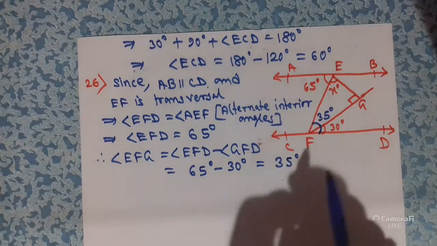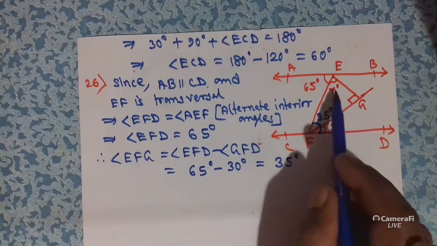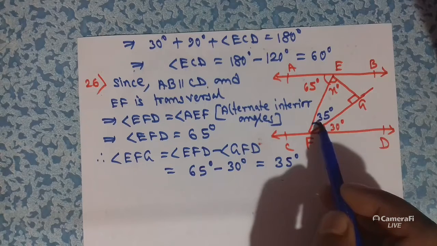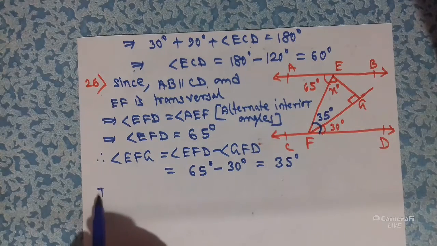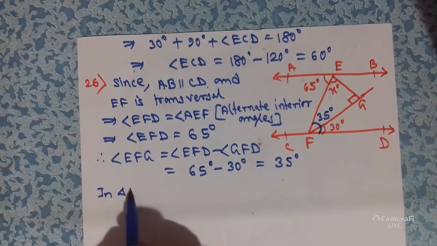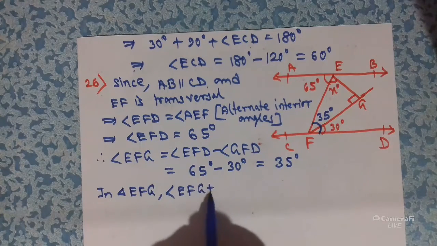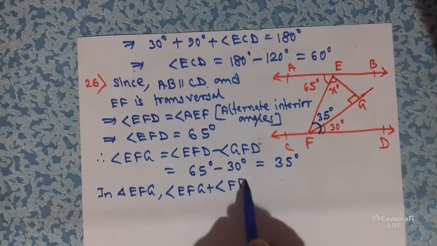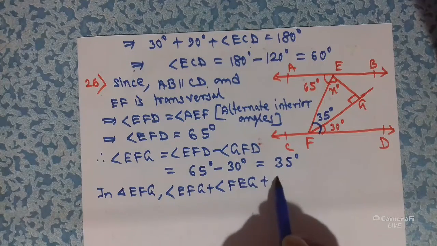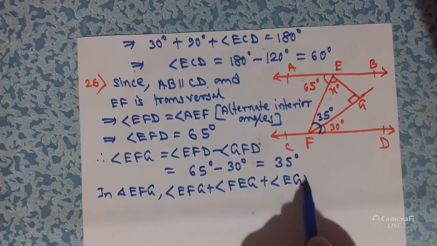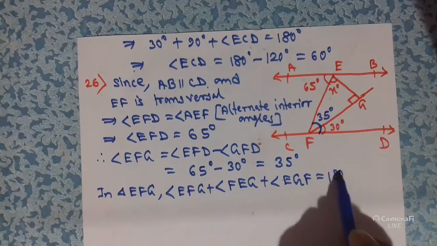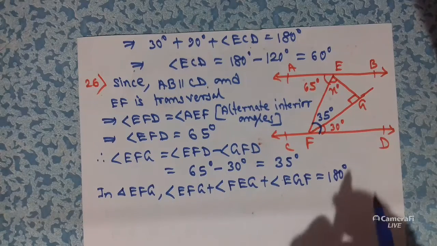Now in triangle EFG, this plus this is equals to 180. So in triangle EFG, angle EFG plus angle FEG plus angle EGF is equals to 180 degree. Why?